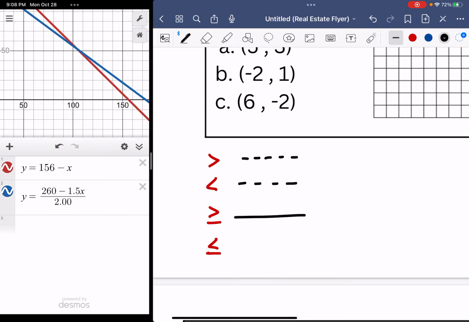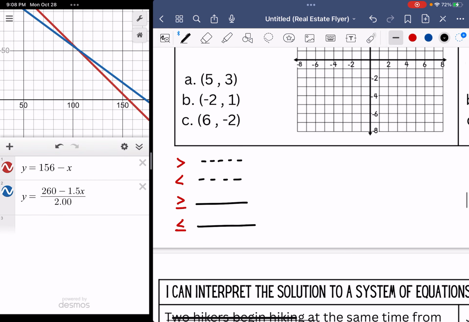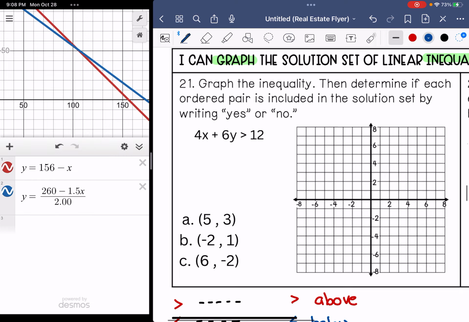These two symbols here are going to be solid. We have our greater than. We also have our less than symbols. These will be shading above. These will be shading below. And let's go ahead and get graphing.